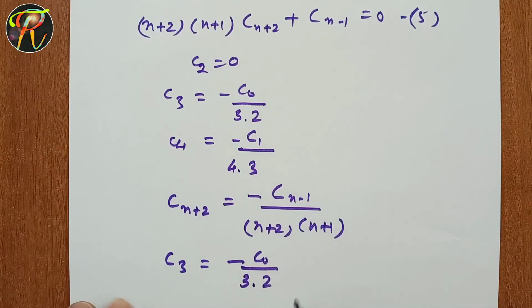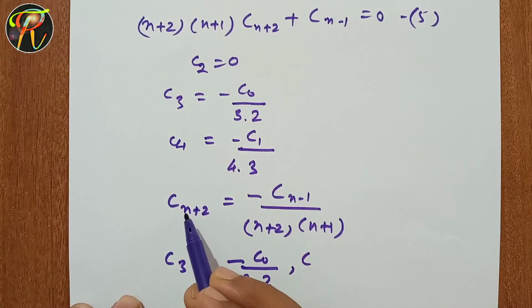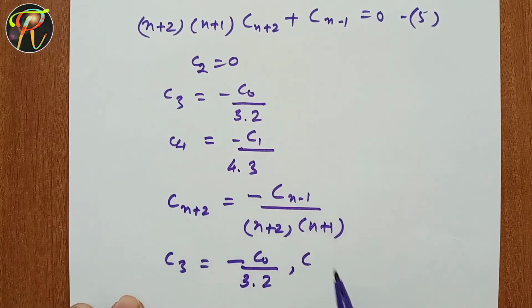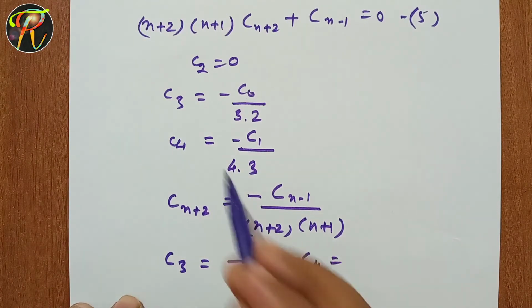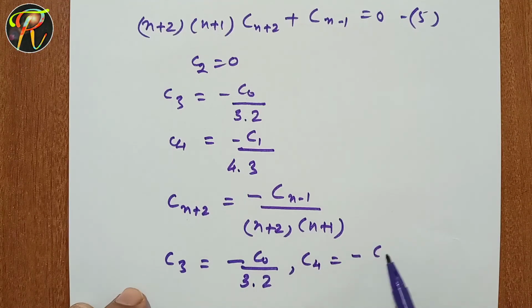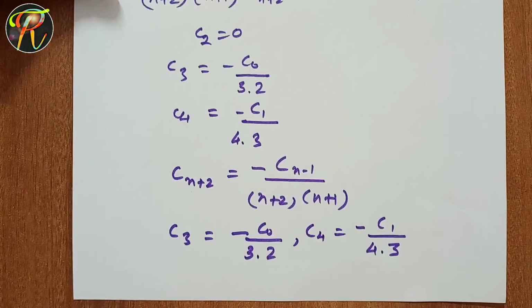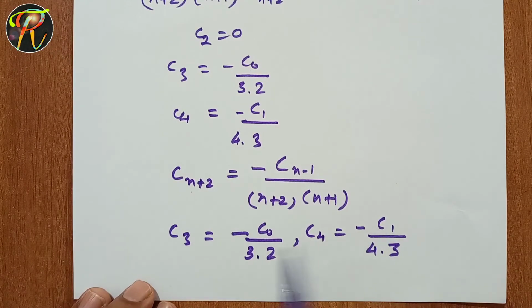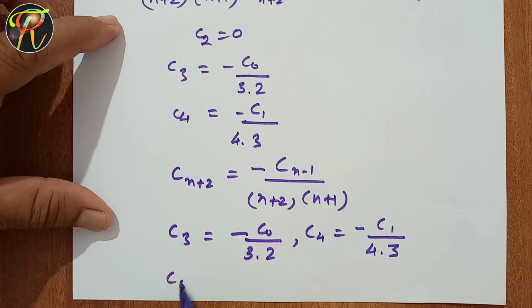Okay, for n is equal to 2, C4 is equal to minus C1 upon (2+2) into 3, that is 4 into 3. This can be calculated from the general term. Now what is C5?